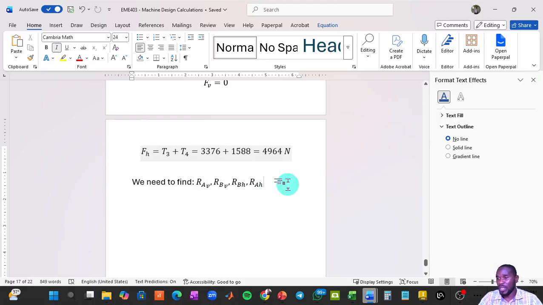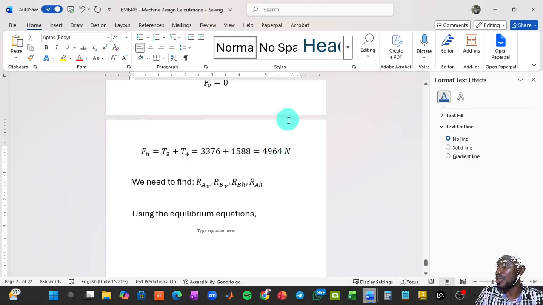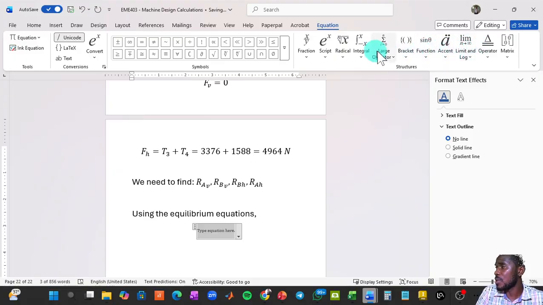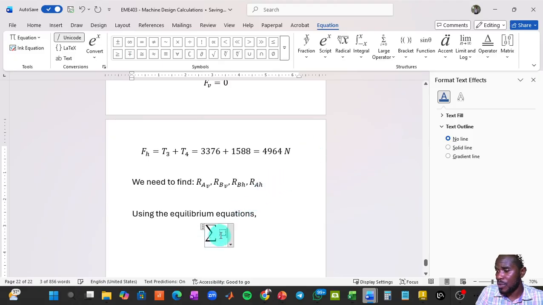However, we still hold true that FV, we can write this, and this is due to using the equilibrium equations. Don't forget, using the equilibrium equations, that the summation of all the forces acting on this system is 0.